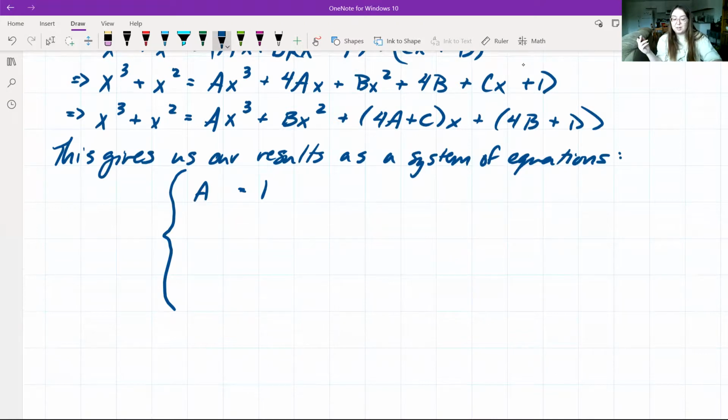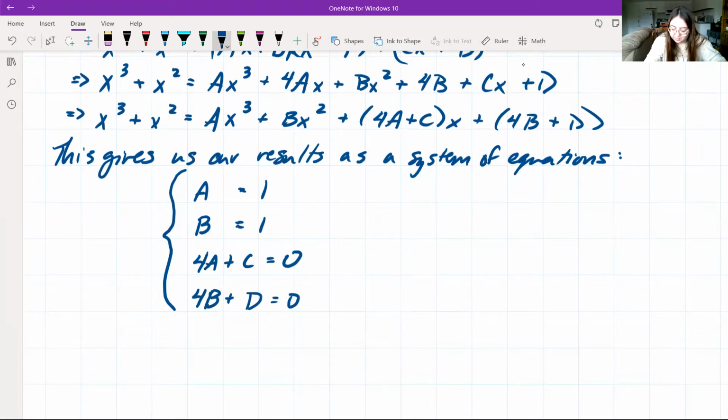A has to be equal to 1 because it's the only x cubed term. We have 1x cubed. Then we also get that b has to be equal to 1 because there's only a 1x squared term. Then we have that 4a plus c has to be equal to 0. And 4b plus d has to be equal to 0.